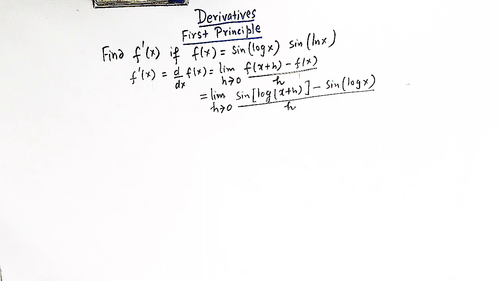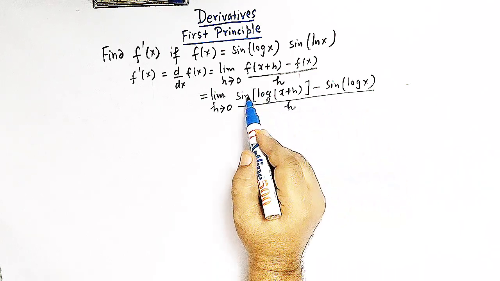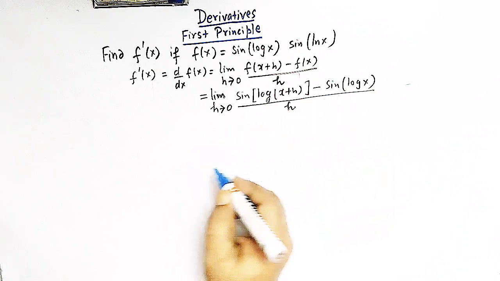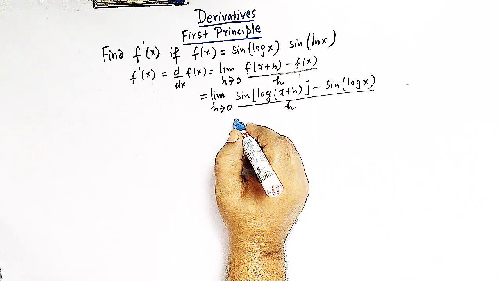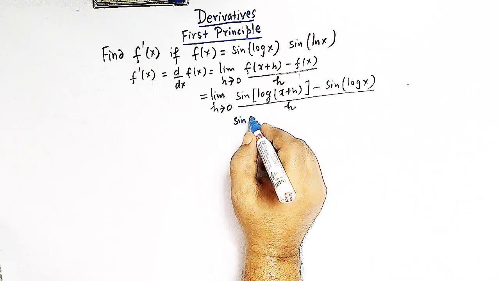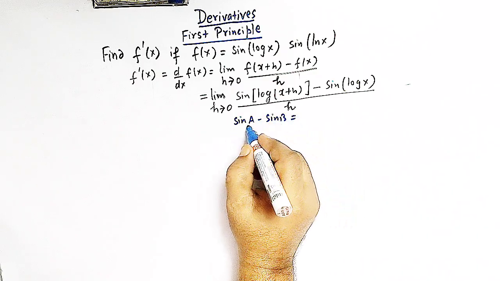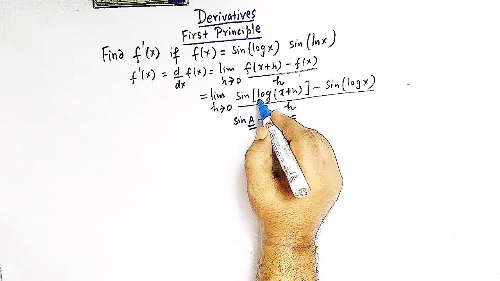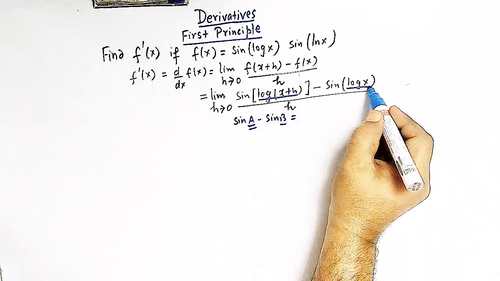Now see, to simplify the numerator, that is the difference of two sine terms, we will make use of an important identity from trigonometry, that is sine a minus sine b. So here our a is log of x plus h, and b is log x.